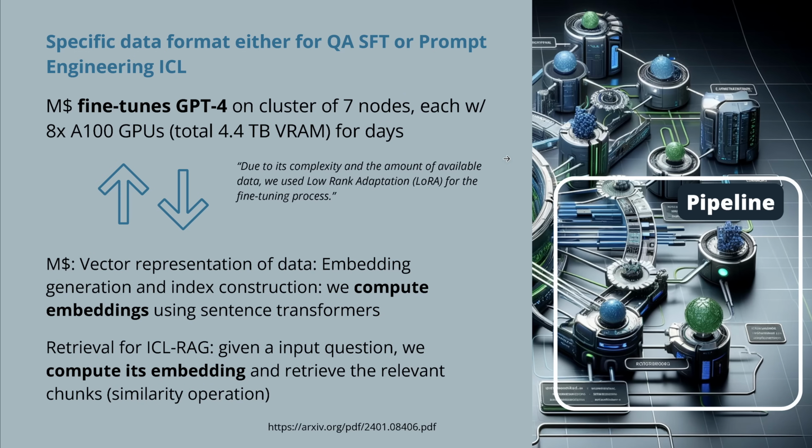So what they found. At first I thought it's interesting. Microsoft tells you, hey, due to the complexity and the amount of available data, we did the full calculation, but we used an approximation, the parameter-efficient fine-tuning, low-rank adaptation, LoRA, for the fine-tuning. So come on, Microsoft, you had to do LoRA? You have 100, 1,000, 10,000 GPUs and you apply LoRA?